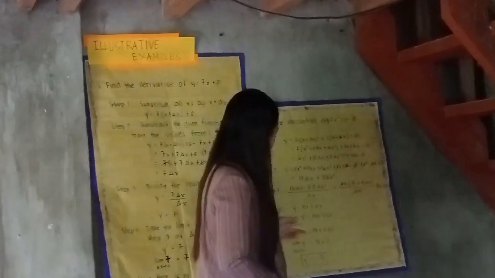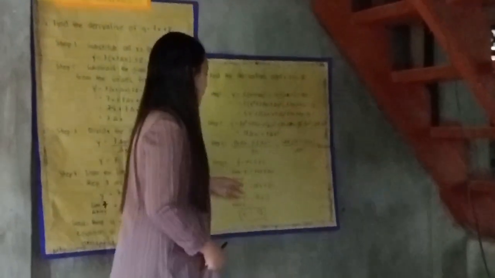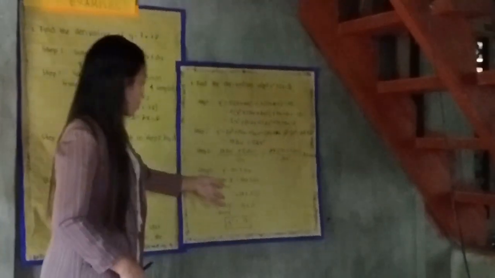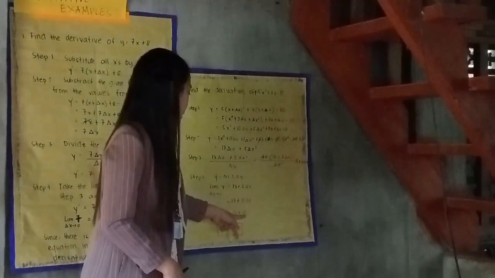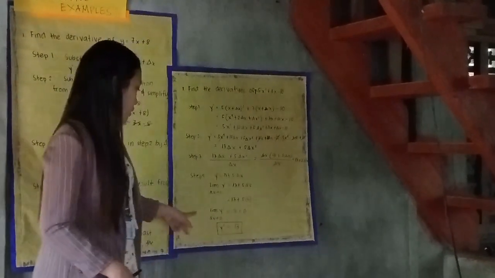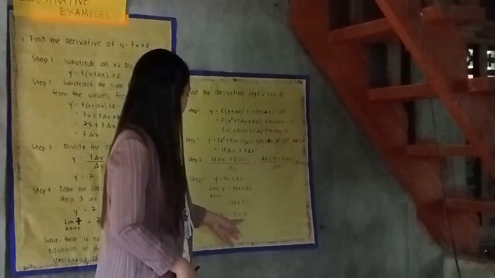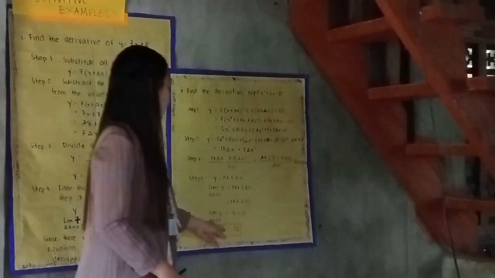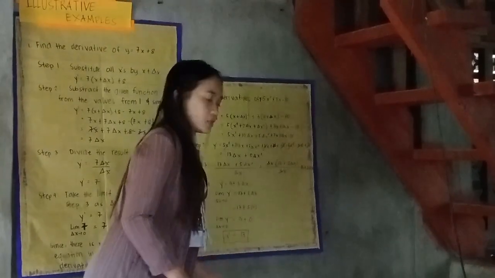So the limit of y prime equals 13 plus 5 delta x as delta x approaches 0. So, delta x becomes 0. So 5 times 0 equals 0. And then, copy the 13. So our answer in given number 2 is y prime equals 13.